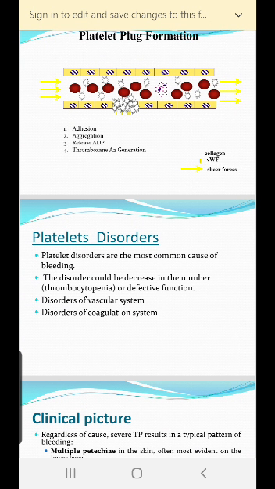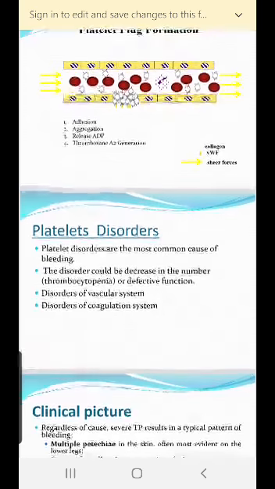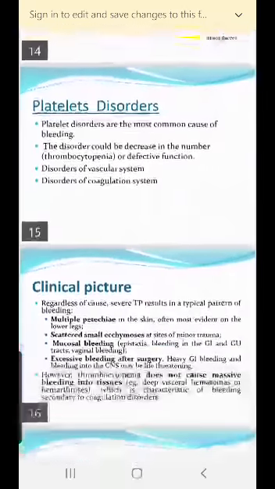But then you have two other factors involved in the platelet plug. Number one is the vascular system, the collagen to which the platelets bind, and the other one is the coagulation system, which is also known as the clotting factors. So the clotting factors, the vessel wall and the platelets are the three important factors for platelet plug formation.